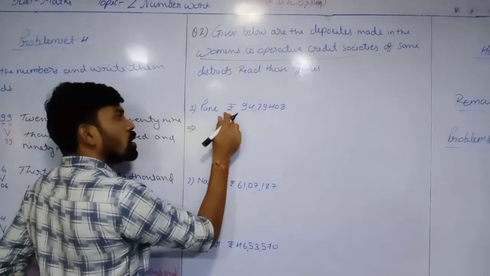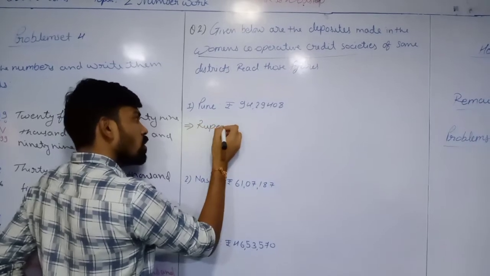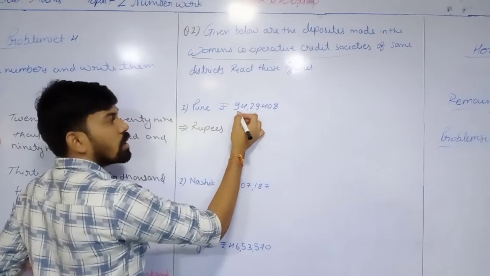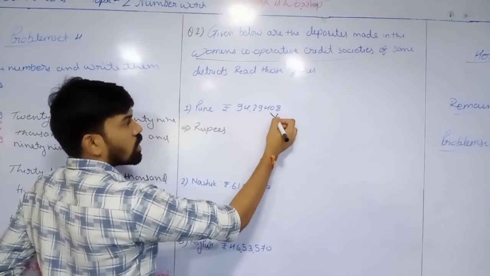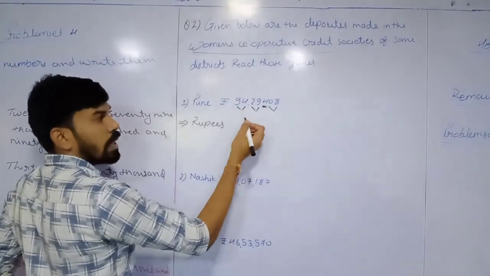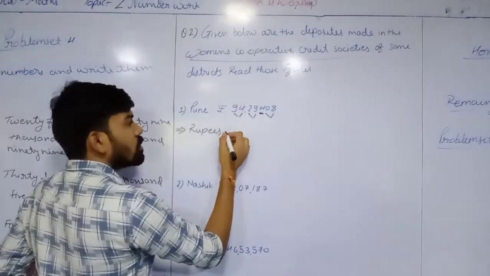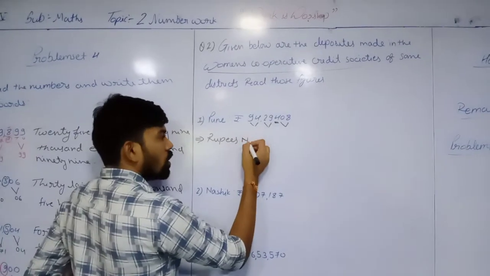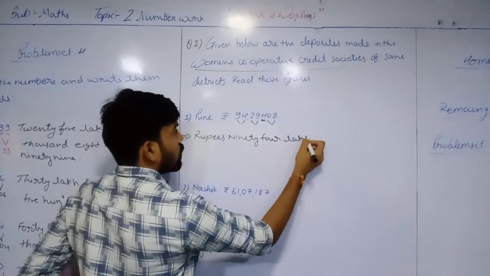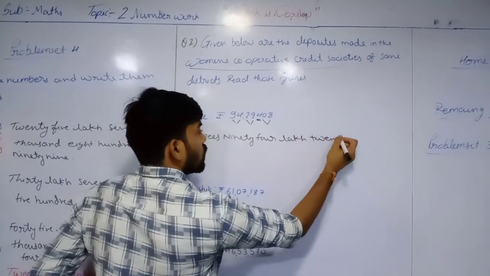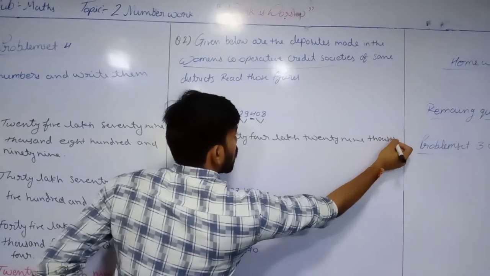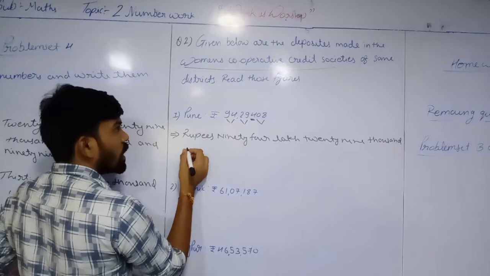So rupees: unit, tens, 100, 1000, 10,000, lakh, 10 lakh. Units and tens together, 100 individual, 1000 and 10,000 together, lakh and 10 lakhs together. So rupees 94 lakh 29,408.